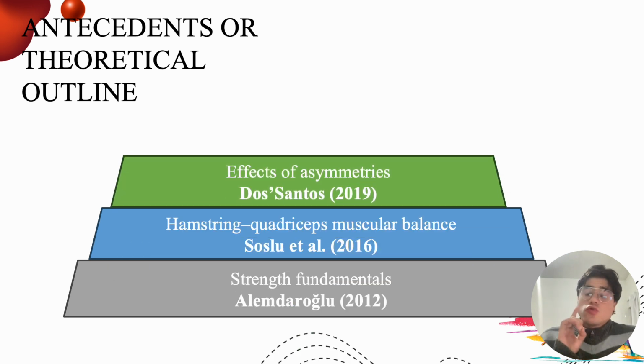By 2019, the effect and the result levels on interlimb asymmetries were defined by emerging studies demonstrating how these imbalances showed a negative effect on acceleration and change of direction efficiency.